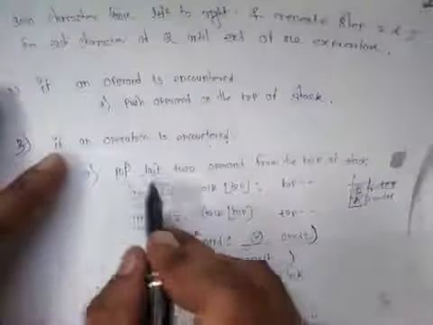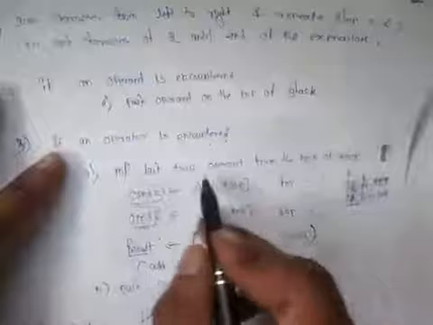So whenever an operator is encountered, we are going to pop the last two elements from the top of the stack. What are the last two elements?